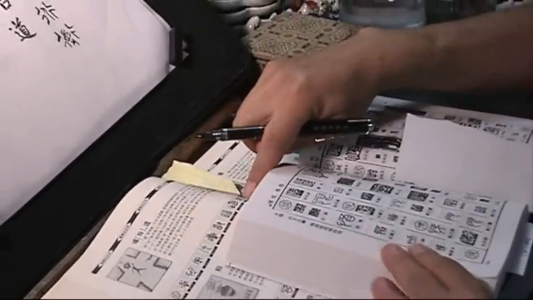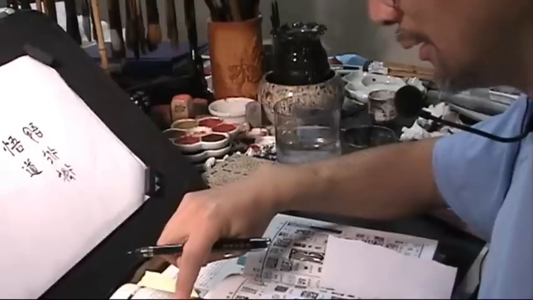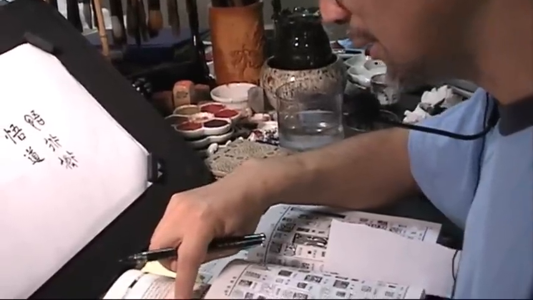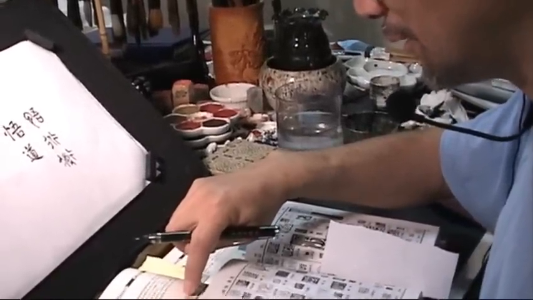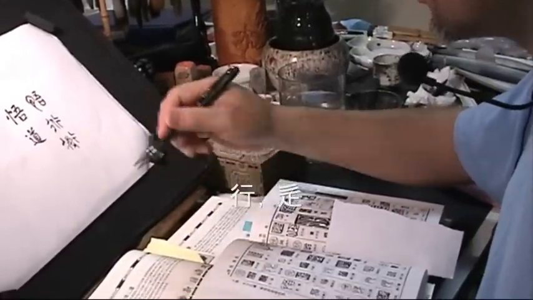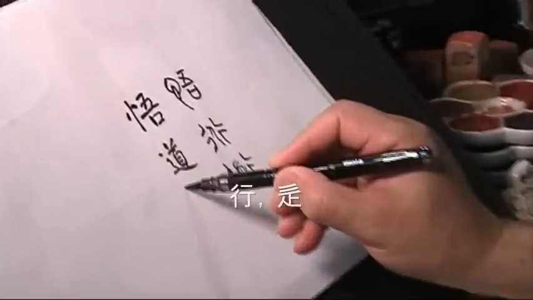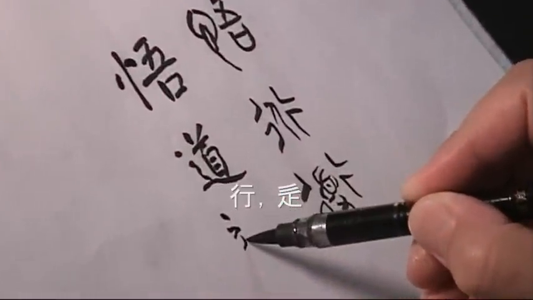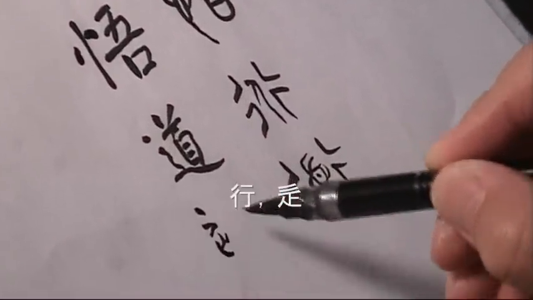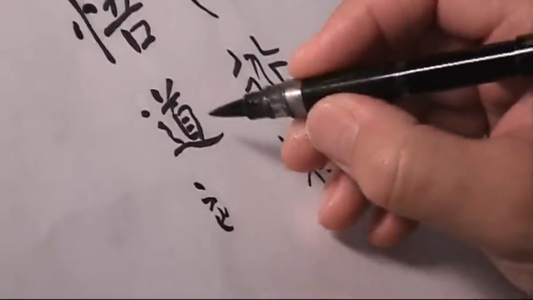These are the evolution of this character Tao. Some still with the intersection, you can see some later on become the walk radical. So commonly, this is the common form, the foot or to walk, to go radical.